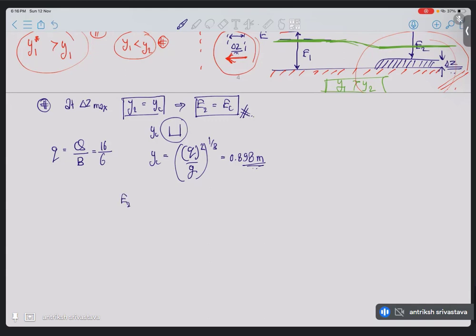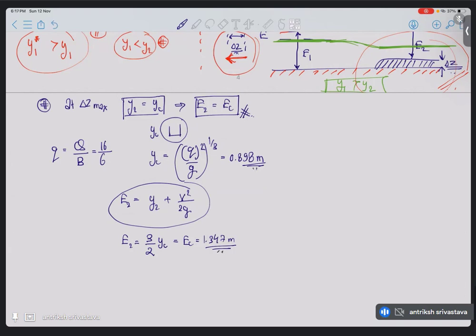And correspondingly, the standard formula for the specific energy is y plus V square by 2g. But in the case of critical depth in a rectangular channel, we have E2 as a simple formula that you can remember, 3 by 2 Yc. So from this formula, we can easily get the value of E2, that is equal to Ec, which is 1.347 meters.